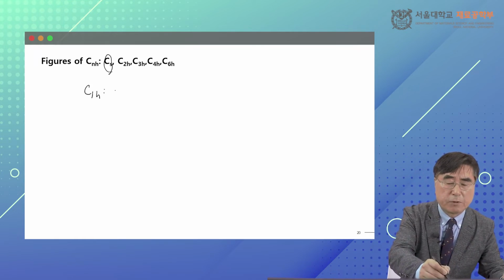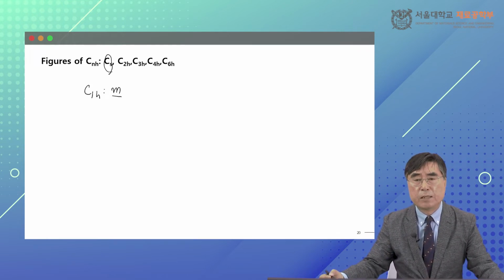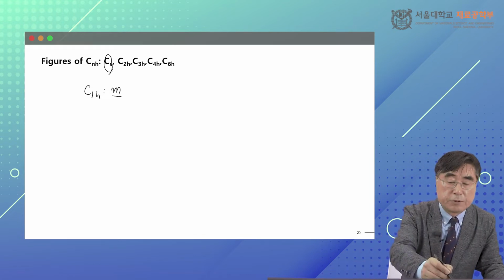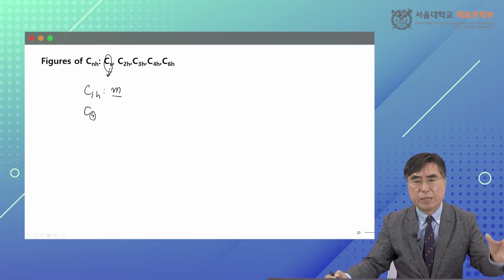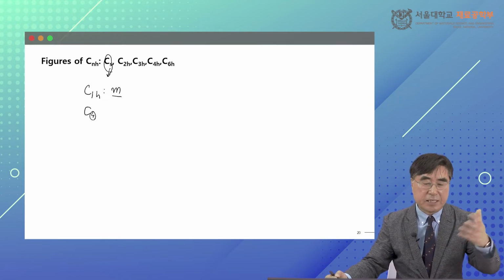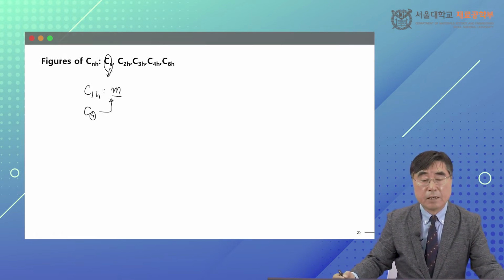So international symbol-wise, this is the same as this symmetry only has one mirror plane. And Schoenflies wrote it as CS. This is coming from Spiegel, this German word of saying mirror. So Spiegel is German word. So CS is basically the same as C1H, and basically this is the same as mirror plane.